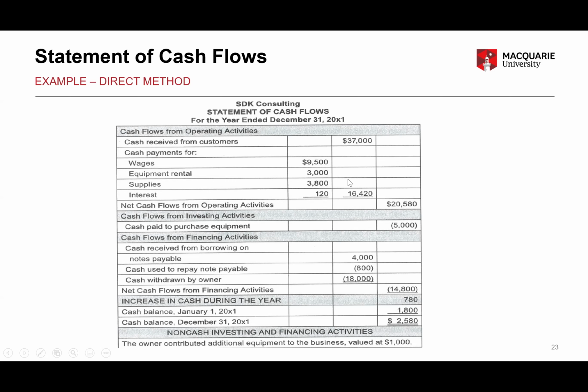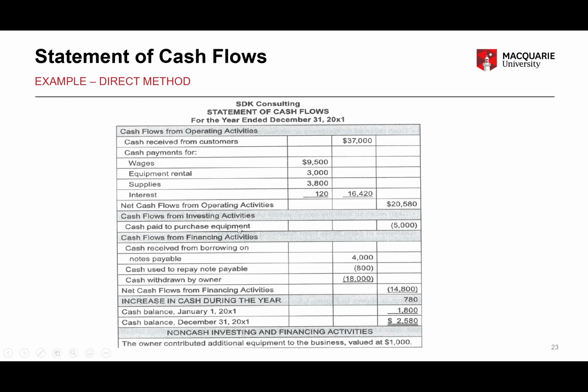We total up all of the outflows, and that gives us our net cash flows from operating activities. And you can see that that's positive because the inflows were more than the outflows. So the direct method means that we are showing each of those cash flows separately. Okay, and we'll see how that differs from the indirect method in a moment.